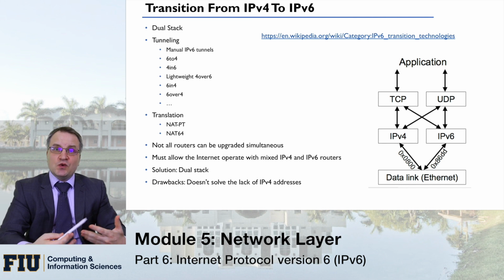IPv6 has a reasonably small deployment, around 25%. So we still want to use IPv6 in some form. We still want to transition to IPv6, but we need some form of a path. And what the researchers and the engineering community came up with is a reasonably large number of solutions trying to get to that goal. The first step that was introduced is the so-called dual stack.